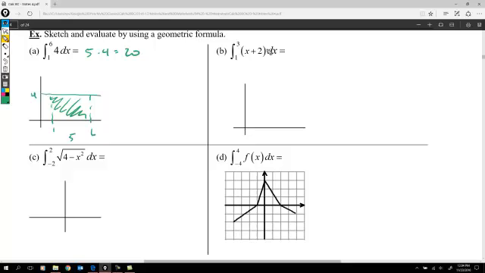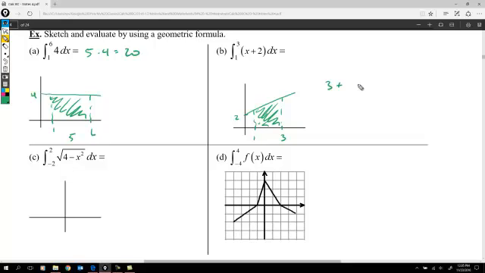Alright, next example, I have a linear function starting at 2, slope of 1, it increases from 1 to 3. Alright, so here is my graph, here's my area, and so I see I have a trapezoid here. And so we find the area of a trapezoid by just averaging my bases. So my first base here is going to be 3.